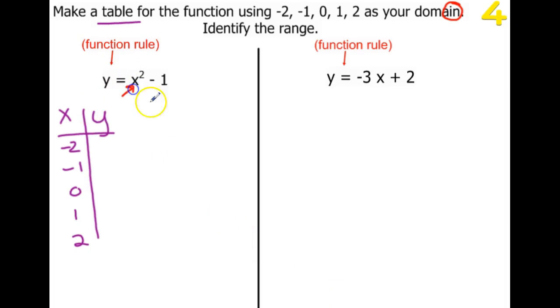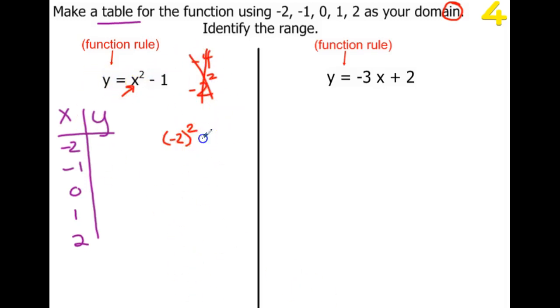So we're going to plug those in right here. This is where you need to be really careful. This -2 for x is really (-2) squared. That's different than -2 squared. This would give you a -4 in your calculator. This would give you a +4 because -2 times a -2 is a +4. So we don't want that.